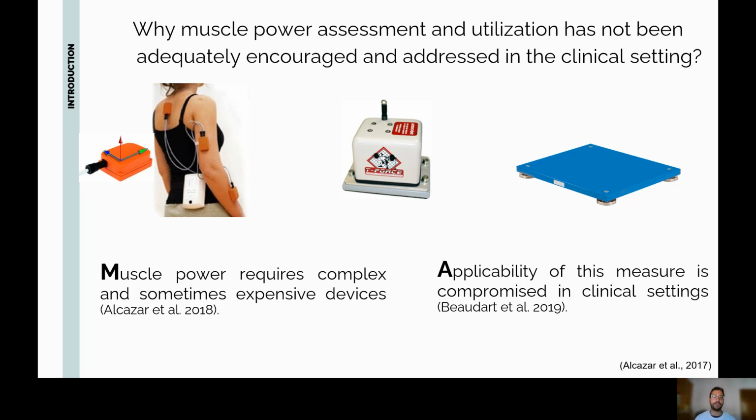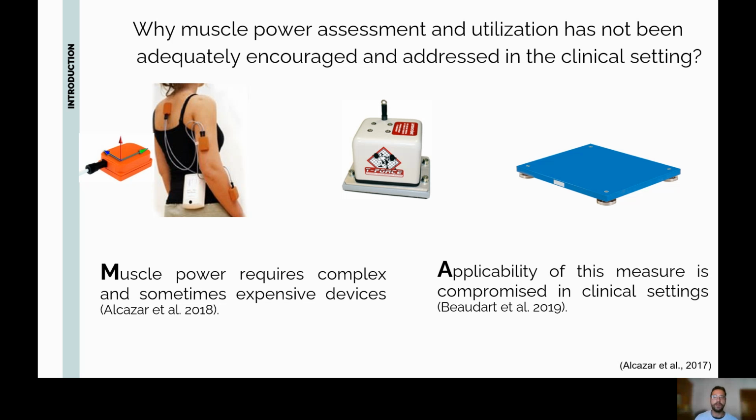But why has muscle power assessment and its utilization not been adequately encouraged and addressed in the clinical setting? Well, usually measuring muscle power requires expensive and technical equipment. You can see that here we have accelerometers, a linear position transducer that measures velocity of movement, and a force plate platform.